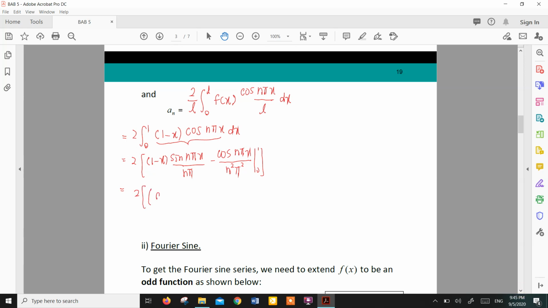You get, this is 0, sine 0 is 0, minus cos(n pi) over n squared pi squared, minus 1 sine 0 is 0, minus, so cos 0 is 1 per n squared pi squared.